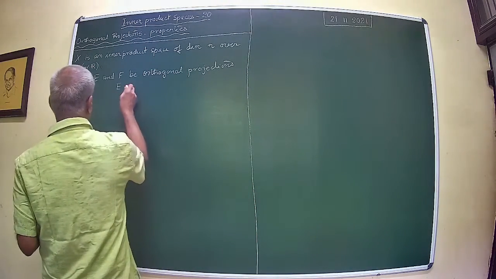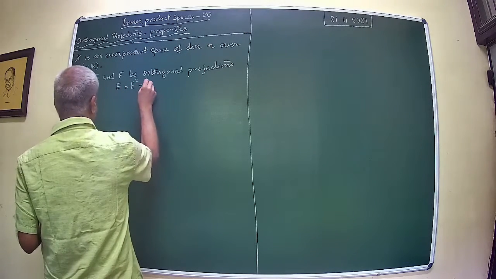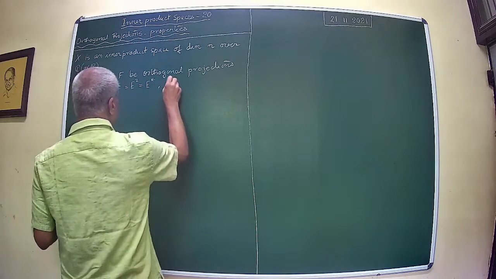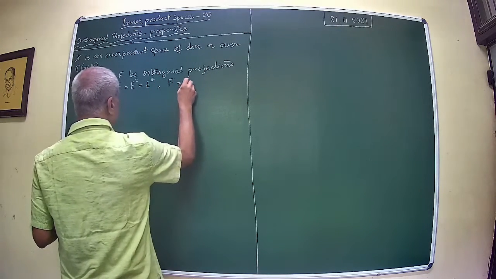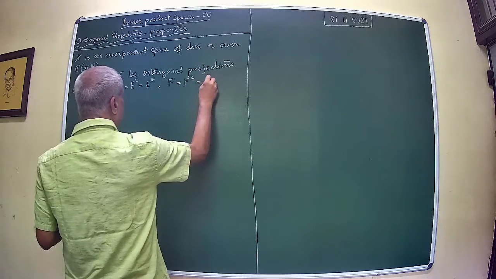E equal to E square equal to E star, and so also F equal to F square equal to F star.